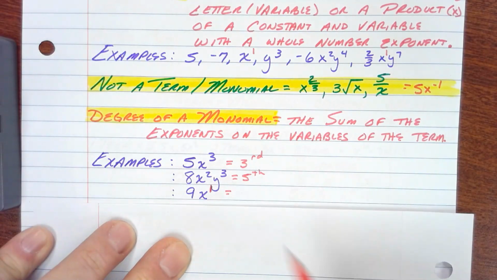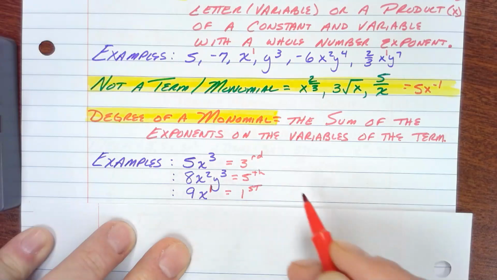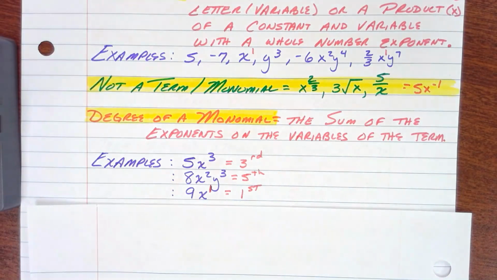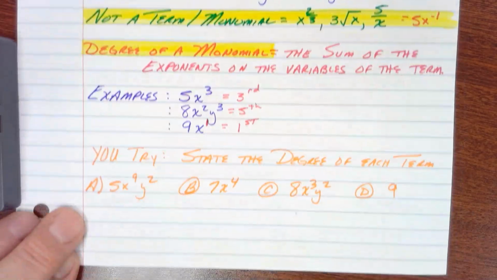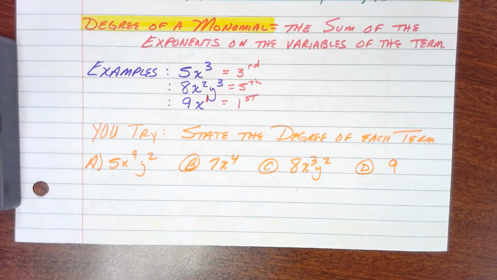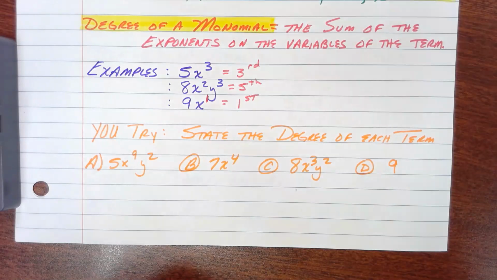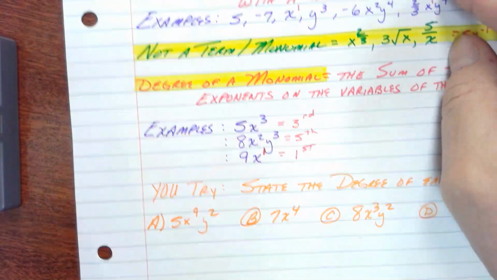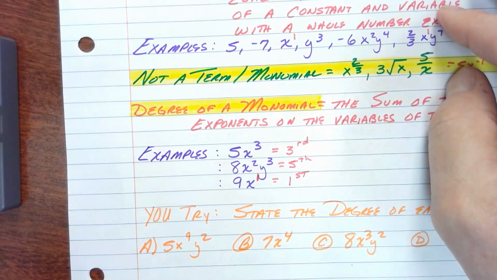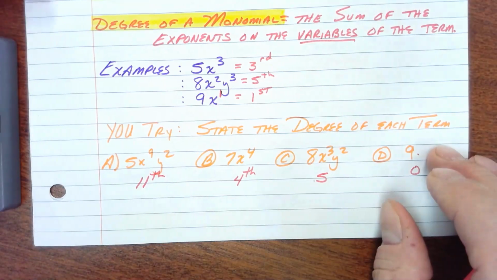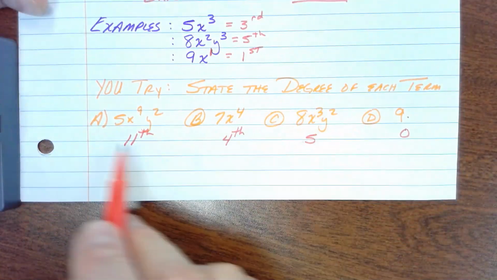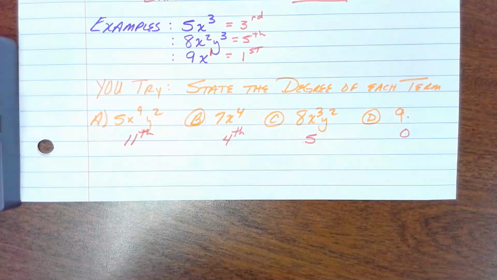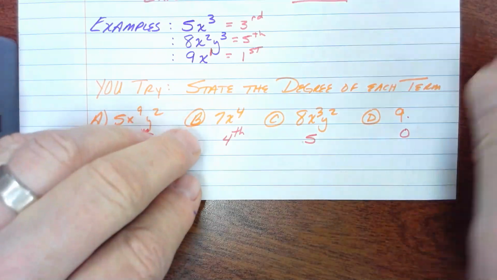There is a 1 there, so this is a 1st degree. Now here are 4 examples for you, but I want you to try and identify the degree. So we have found those degrees of those 4 terms, and we'll move on.